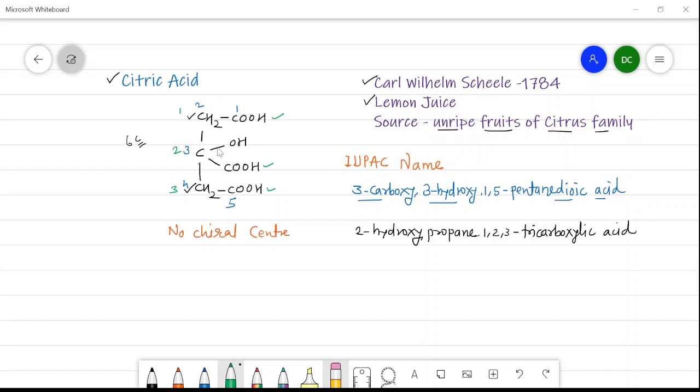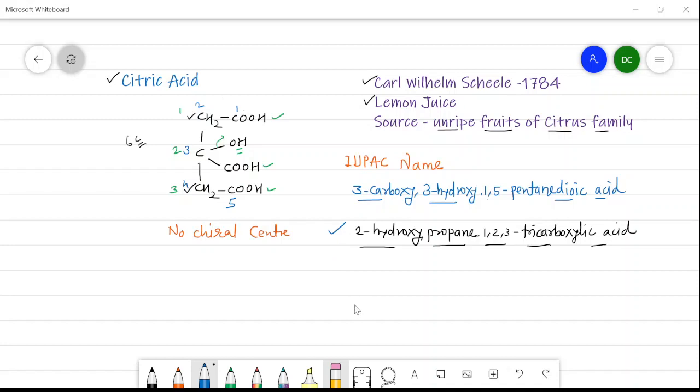And on the second carbon, there is a presence of OH. It is considered as a substituent. So the name will be 2-hydroxypropane-1,2,3-tricarboxylic acid. Out of the 2 names, this name is used more frequently, that is 2-hydroxypropane-1,2,3-tricarboxylic acid.